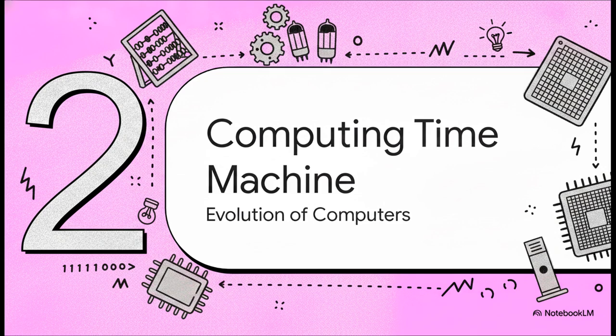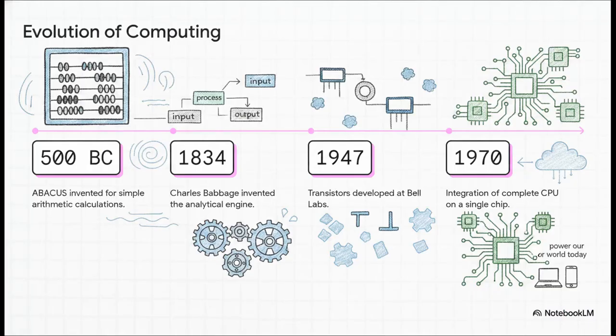That brings us to section 2, the computing time machine, taking a quick look at the evolution of computers. Believe it or not, computing actually started almost 3,000 years ago with the simple mechanical arithmetic of the abacus. Fast forward quite a bit, and we evolved through the 1800s with Charles Babbage's analytical engine.